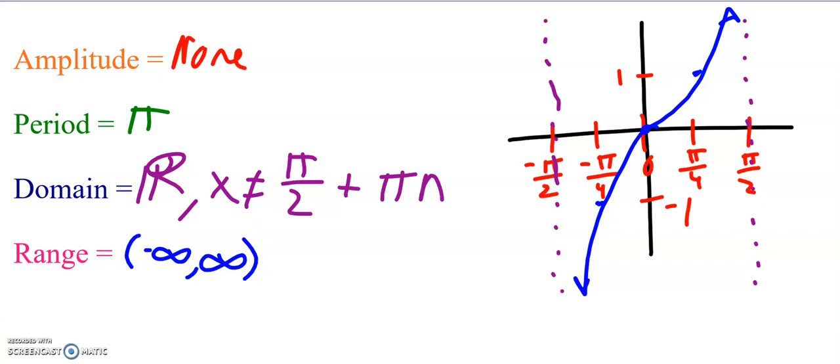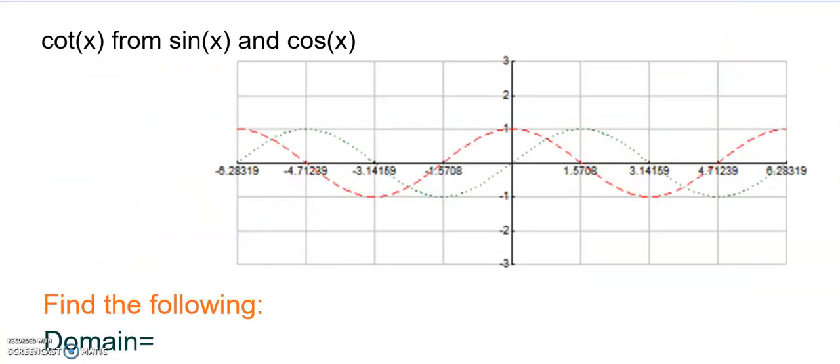All right, moving on. Cotangent. So instead of using the unit circle for this, I'm going to actually do both. I'm going to use the unit circle, and I'm also going to think about cotangent in terms of cosine and sine. So here in the light green and in the light red dashed lines, the green is the sine function, the red is the cosine function.